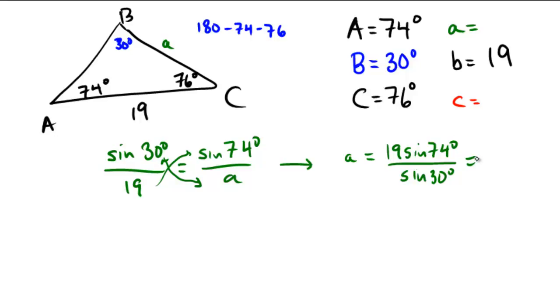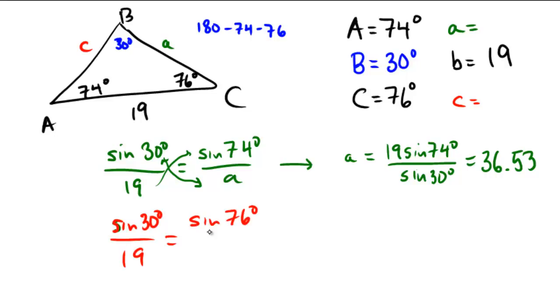So, calculator, 19 sine 74 divided by sine of 30, which is 1/2 by the way, that's 36.53. And then for the last piece of information, side C, we're going to do sine of 30 degrees over 19, same beginning, equals sine of now 76 degrees over C. So C would be equal to 19 sine 76 degrees over sine of 30 degrees.